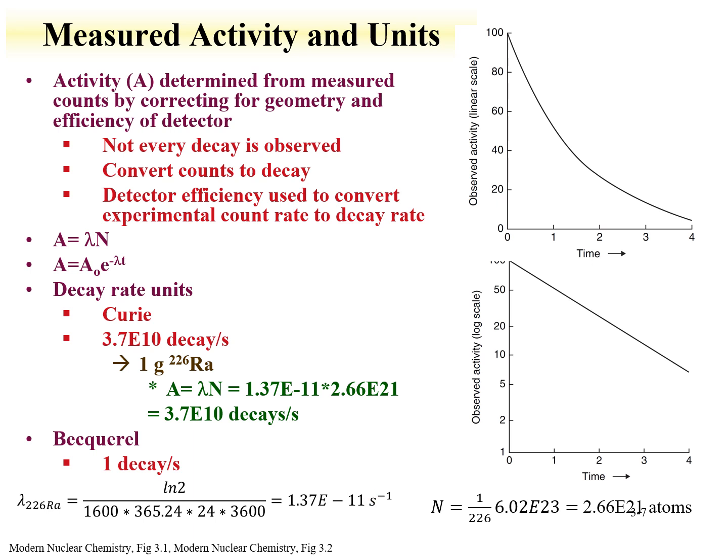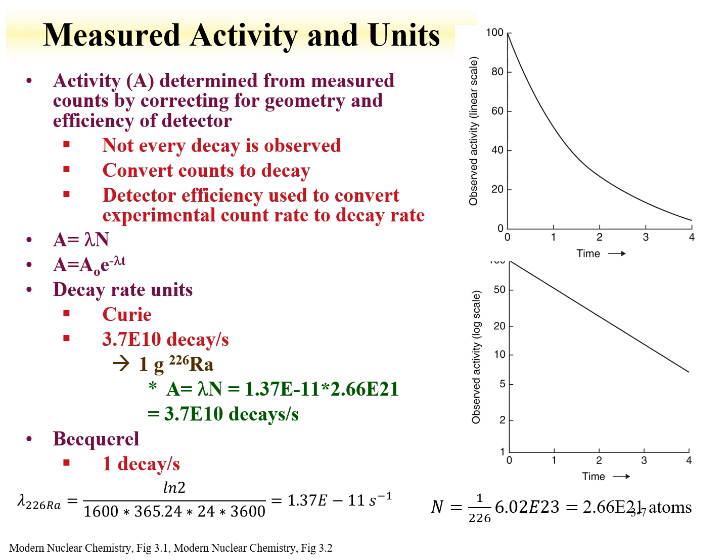The number of atoms of radium-226 in a gram is shown here, where the atomic mass of radium-226 is used, 1 divided by 226 times Avogadro's number, 6.02 times 10 to the 23rd, gives 2.66 times 10 to the 21st atoms of radium-226 in a gram of radium-226.